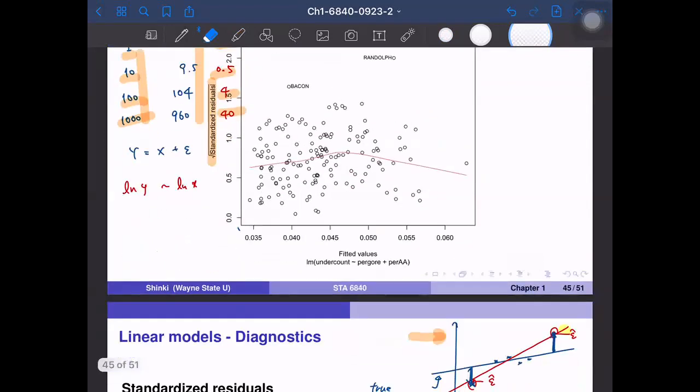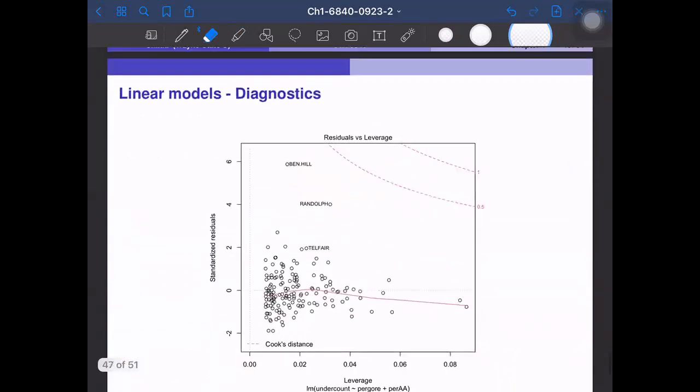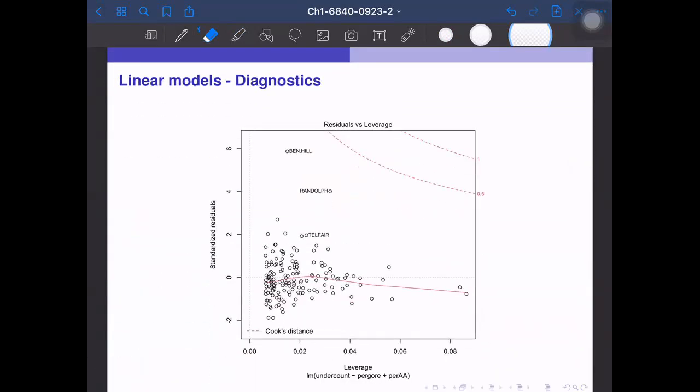So last one is influential points. So if a few observations are too influential, it's not really good. And if residual is large, of course, influence is large. So think about the situation that some observation have large residuals, then such point is influential.